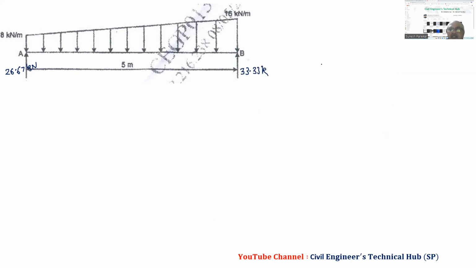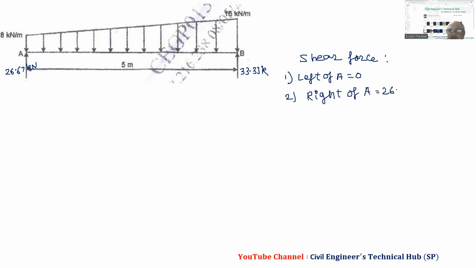So we have shear force. Now first, left of A, we have 0. Then right of A, we have 26.67 kilonewton.